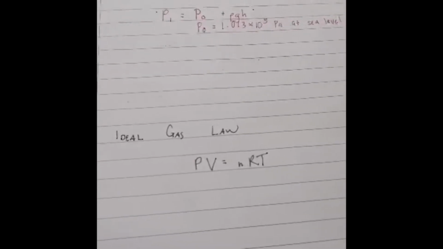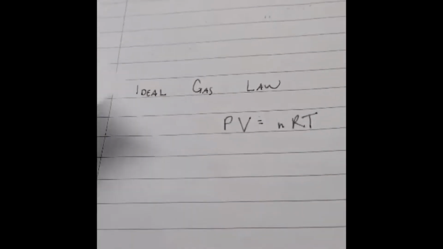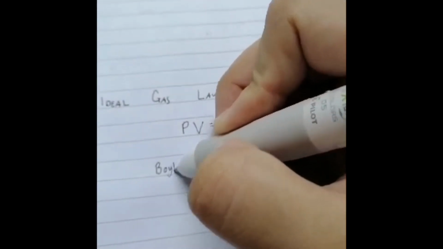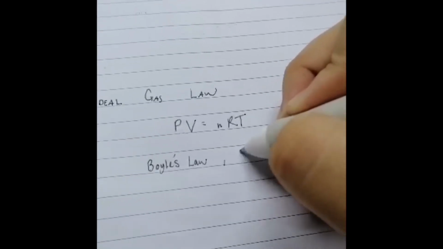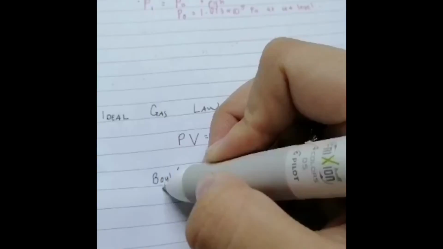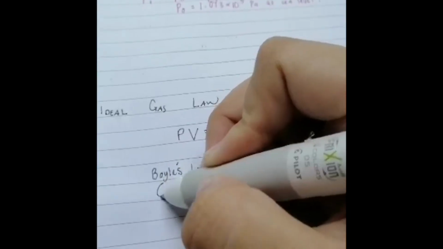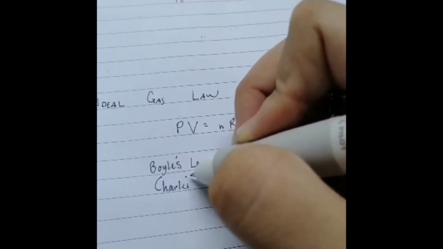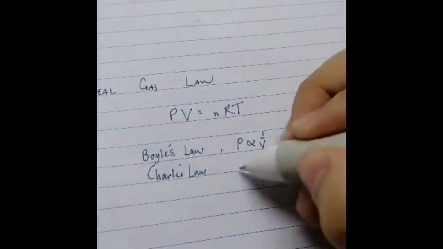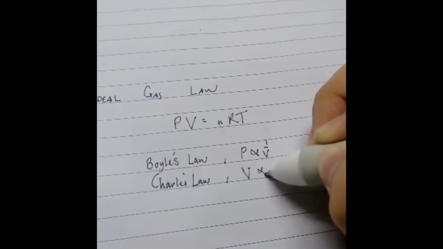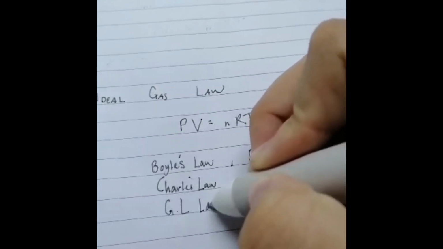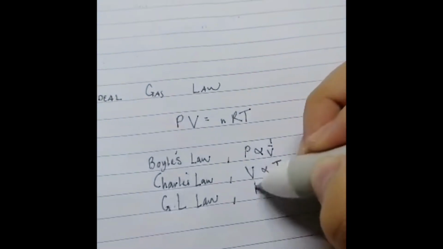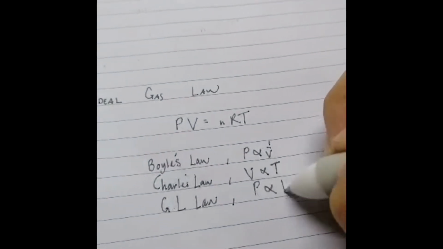The ideal gas law basically combines the three different gas laws, which are Boyle's law, where pressure is inversely proportional to volume, Charles' law, where volume is directly proportional to temperature, and Gay-Lussac's law, where pressure is directly proportional to temperature.